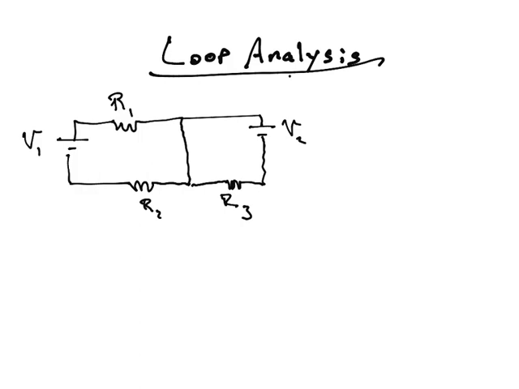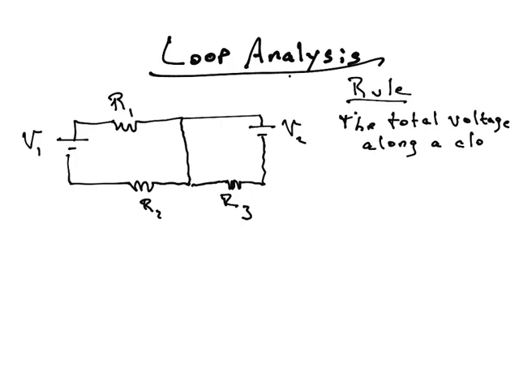So what does this technique do? Well, it makes use of a major rule, and the rule is this. We kind of discussed it previously. The rule is that the total voltage along a closed loop must be 0.